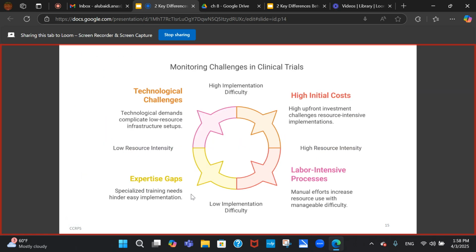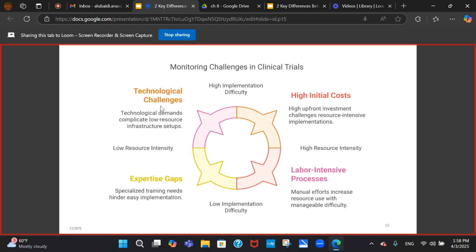So here, a nice diagram in order to summarize the monitoring challenges in clinical trials, whether for the advanced or the primary monitoring. Here we have high implementation difficulty and low implementation difficulty. We have low resource intensity and high resource intensity.